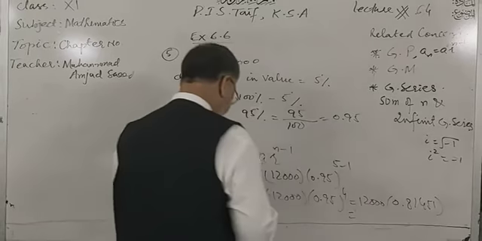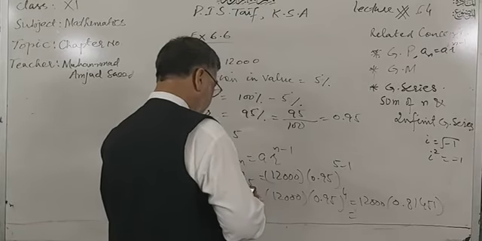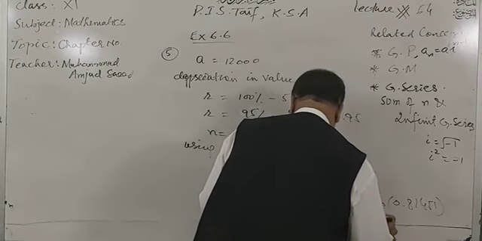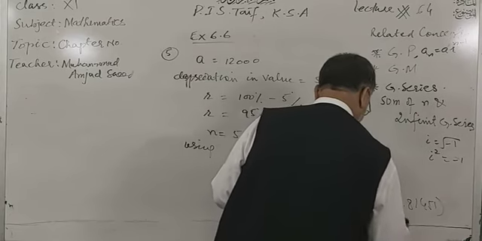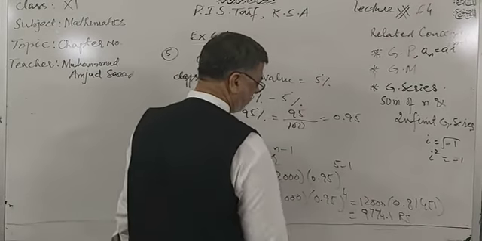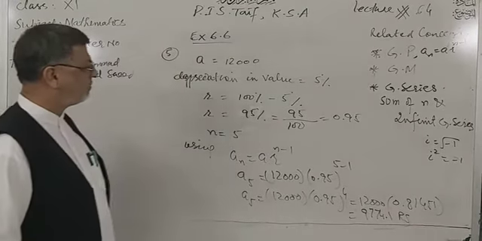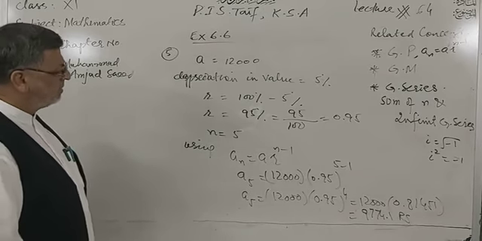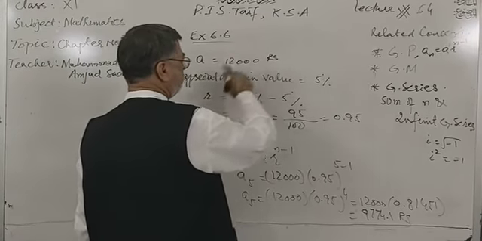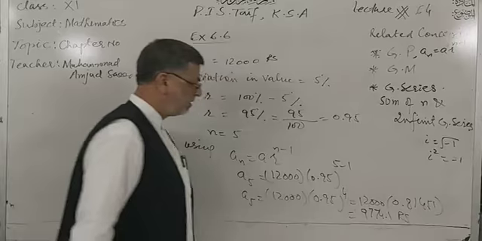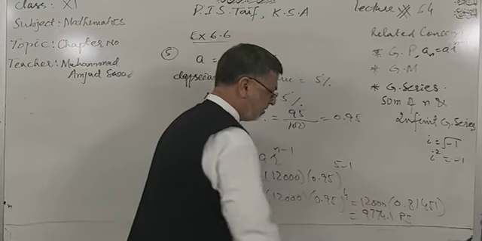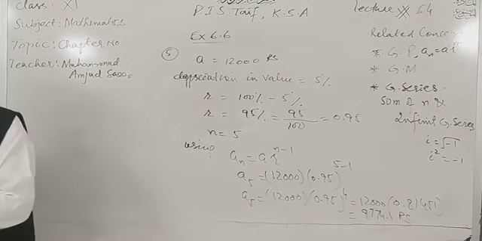Now it is multiplied by 12,000. So we will have 9,774.1 rupees. So this is the value of this car after 4 years. After 4 years, that was purchased now at this 12,000 rupees, and at this time after 4 years, it is depreciated from 12,000 to 9,774. I hope that you got the idea.